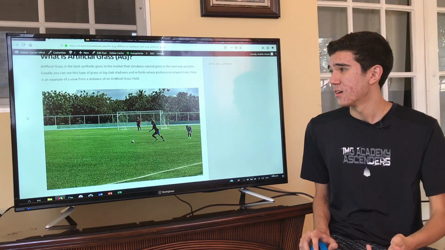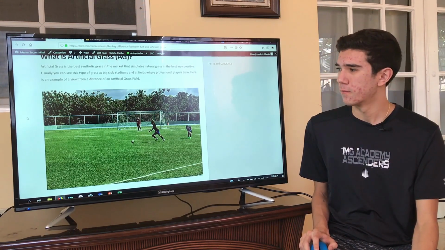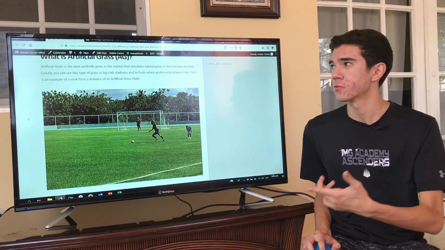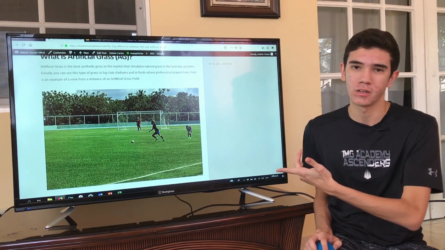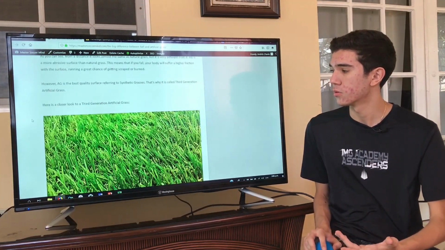Technically, according to FIFA, it's legal to do it, but I know that most soccer players prefer natural grass over this artificial grass, or AG, or third generation grass, as it's supposed to be called.